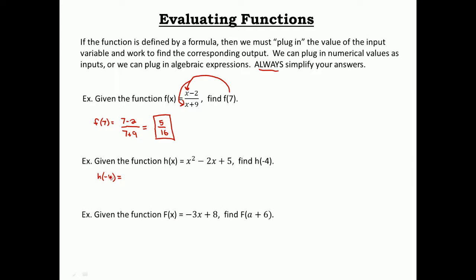Be careful to use parentheses around the negative 4. So x squared means we have to square the negative 4. Minus 2 times negative 4 plus 5. If you like, you can use your calculator to help you do the arithmetic here. And if you've entered the expression into your calculator correctly, you should get an output of 29.